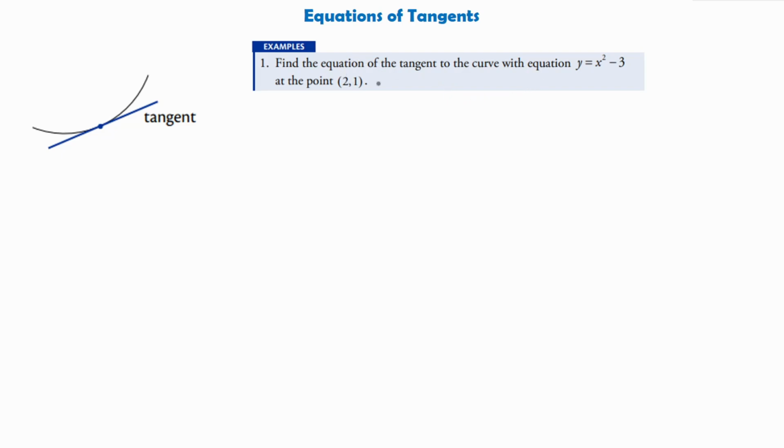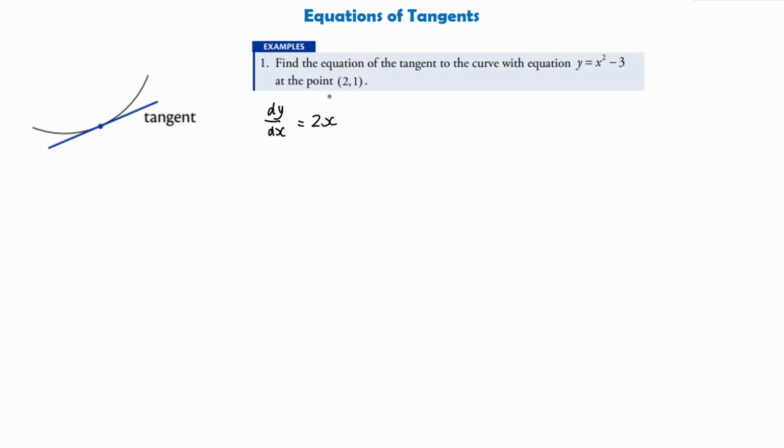Now, in this case, we have the equation of the curve to be y equals x squared minus 3. So if we work out the derivative, dy by dx, we're going to get 2x, and it's just going to be 2x because the minus 3 disappears. Now we said the gradient of the tangent is the derivative at the point x equals a. Now what is our x value in this case?